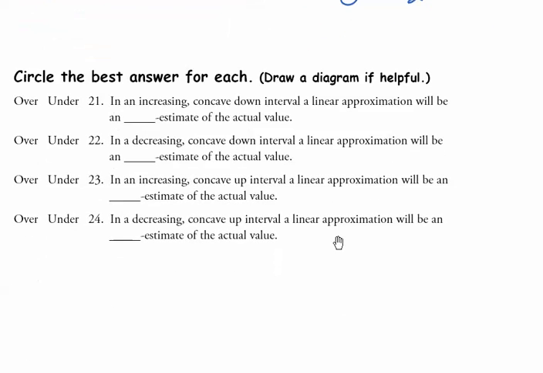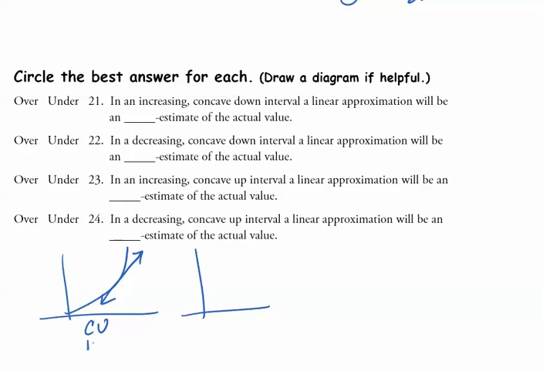All right, and here's our question about linear approximations. And remember that any time a graph is concave up, the tangent line will be below the graph. So this is concave up increasing. What would concave up decreasing look like? It would look like this.